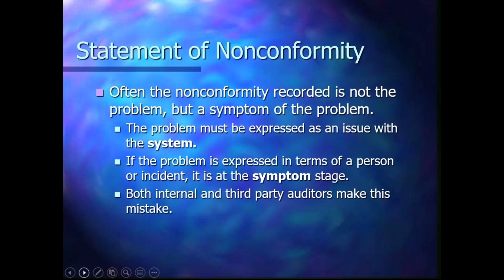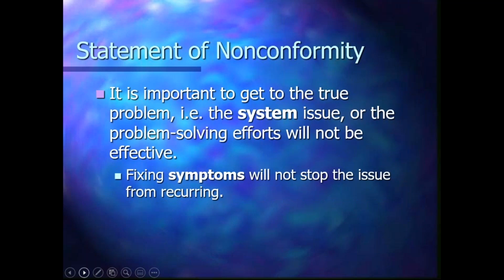If the problem is expressed in terms of a person or incident, it's at the symptom stage, and we want to avoid that. I see both internal and third-party auditors making this mistake. It's important to get to the true problem, the systemic issue, or the problem-solving efforts will not be effective. Fixing symptoms will not stop the issue from recurring.